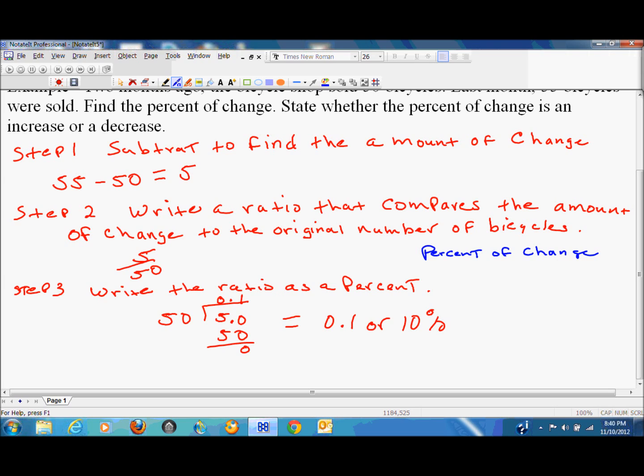And that's going to equal the amount of change divided by the original amount.